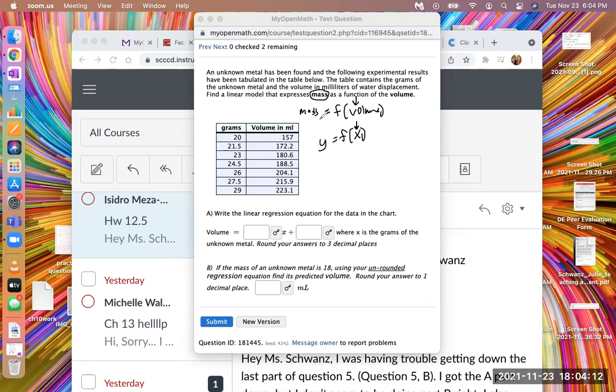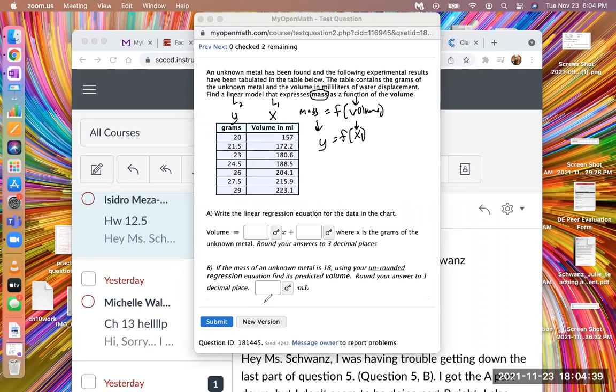So it looks like the mass is our y and the volume is our x. They actually have it a little bit backwards here, that this should be our x and that should be our y. So it's probably better to have this be your L1. You usually put your independent variable in L1 and your dependent variable in L2. So that might be what's going on with this problem.